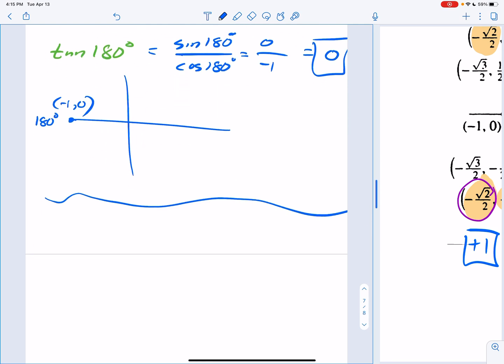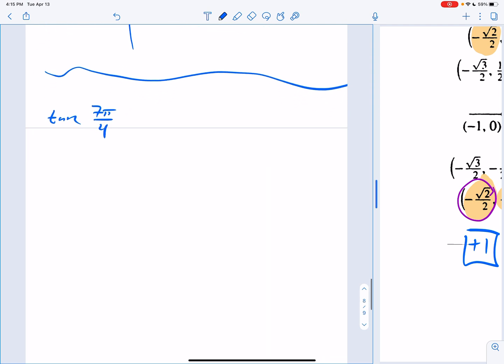Okay. Now, what if I gave you something weird? This is the last part. Tangent of, let's say, 7 pi over 4. Not a quadrantal angle. Okay, here's what you have to be thinking.